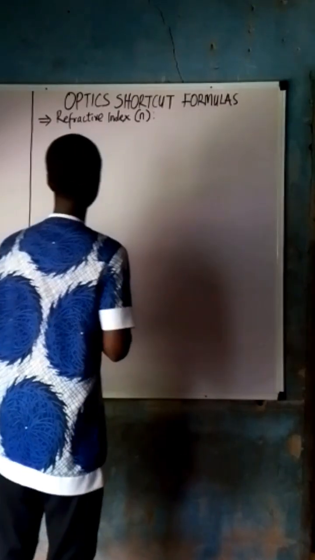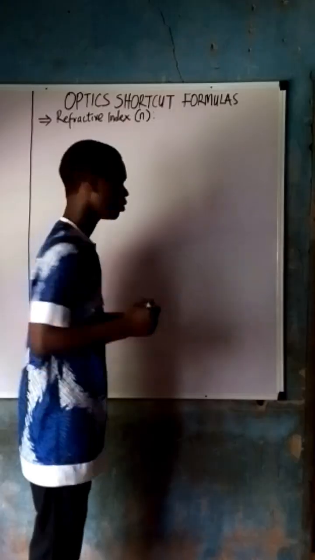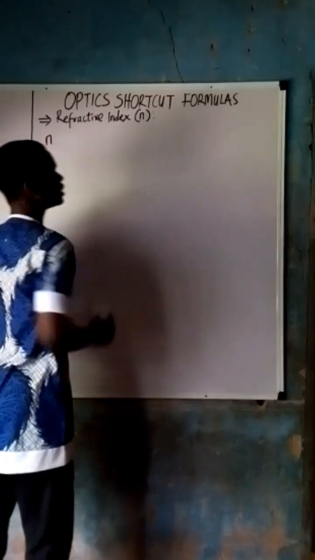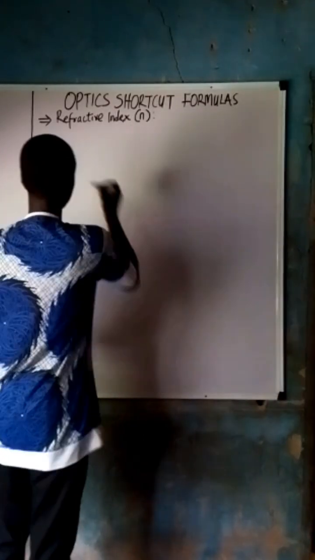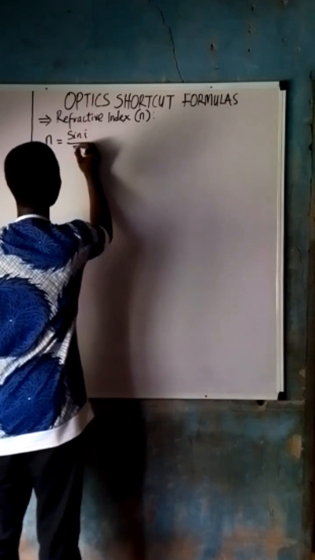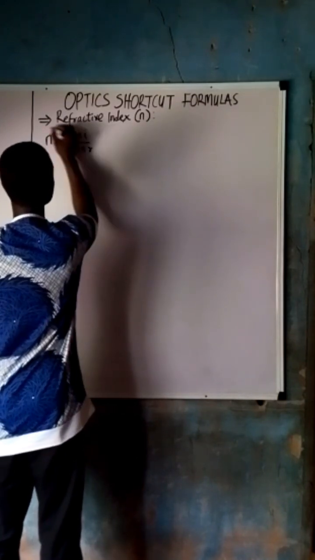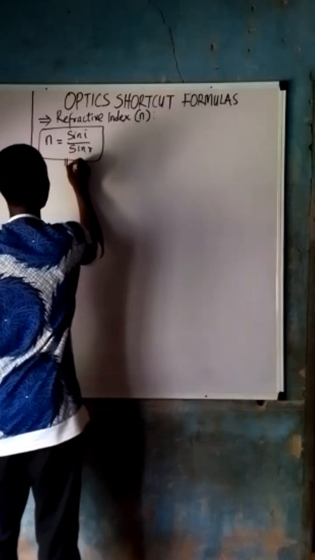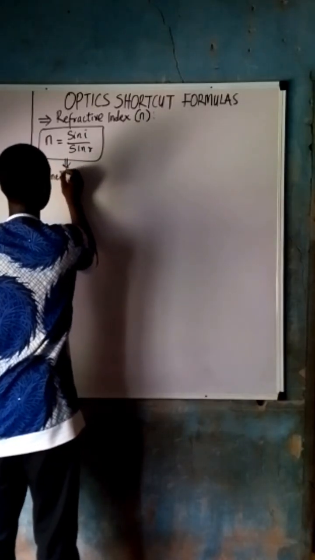Using the formula we get from Snell's law for finding refractive index, n equals sine i over sine r. This formula is gotten from Snell's law.